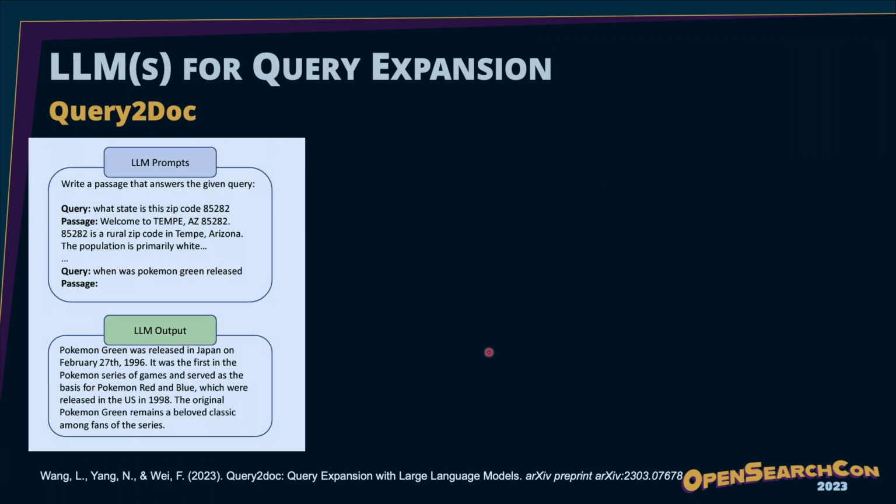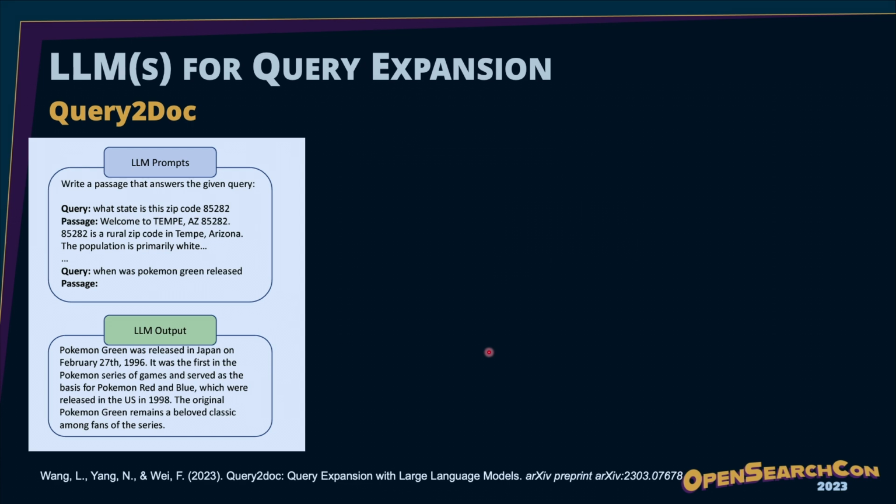Okay, so one last thing. This is one of the very recent research works, released in May 2023. This is on the query side expansion. Basically they are using large language models to predict pseudo documents for the query coming in.